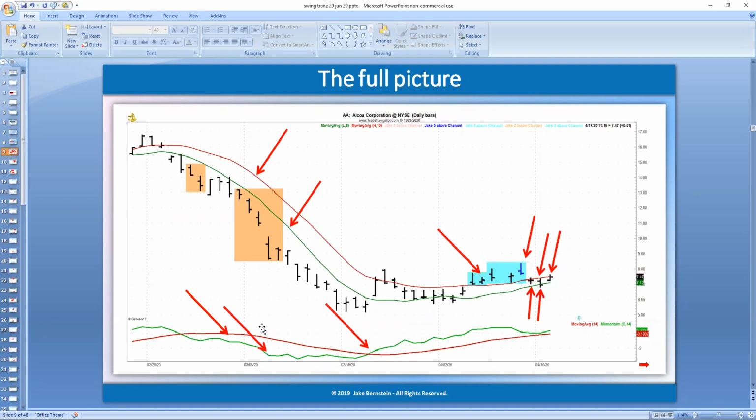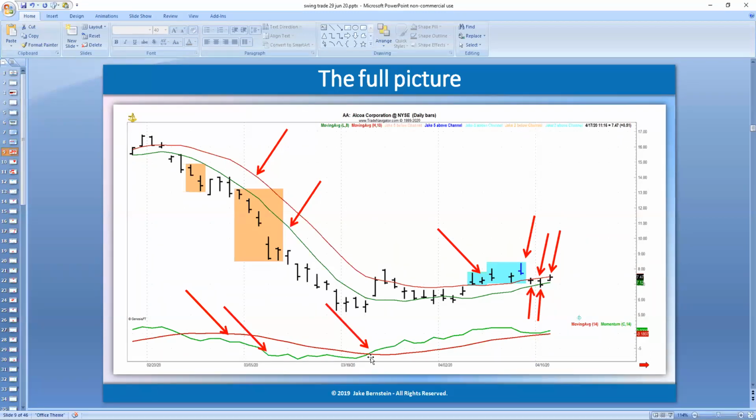You will notice right over here, the green line, which is momentum 14 of the close, goes above the red line. That is the first indication that there's likely to be a change in trend for this stock. But that's a setup. We need a trigger.